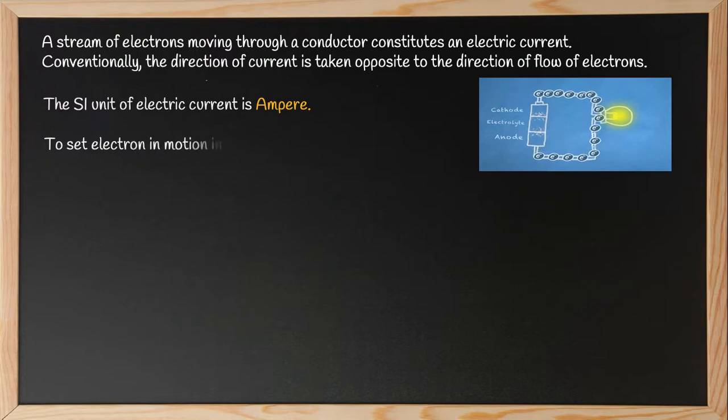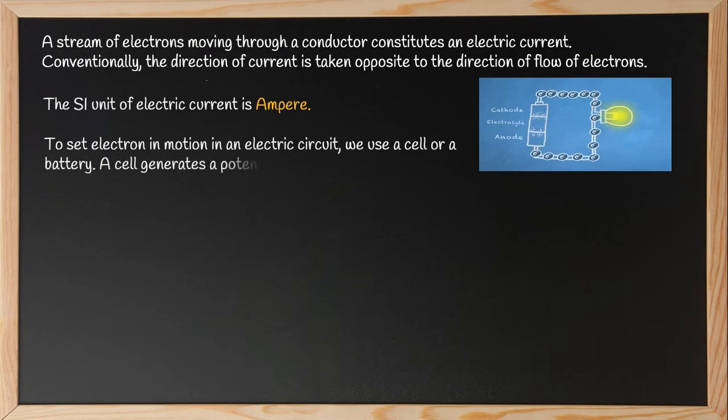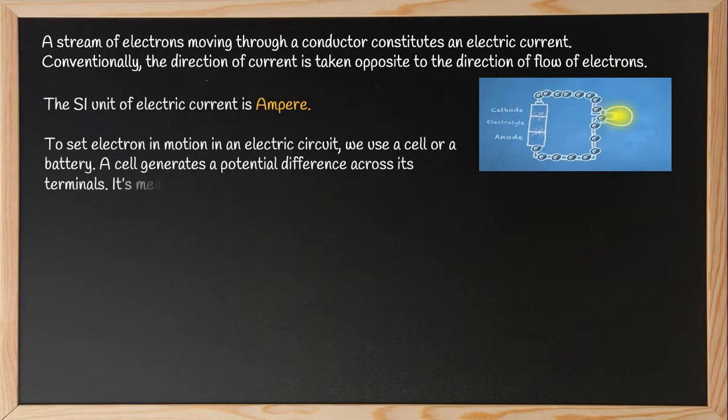To set electrons in motion in an electric circuit, we use a cell or a battery. A cell generates a potential difference across its terminals. It's measured in volts, capital V. If you look at this particular picture, you can see a battery here.